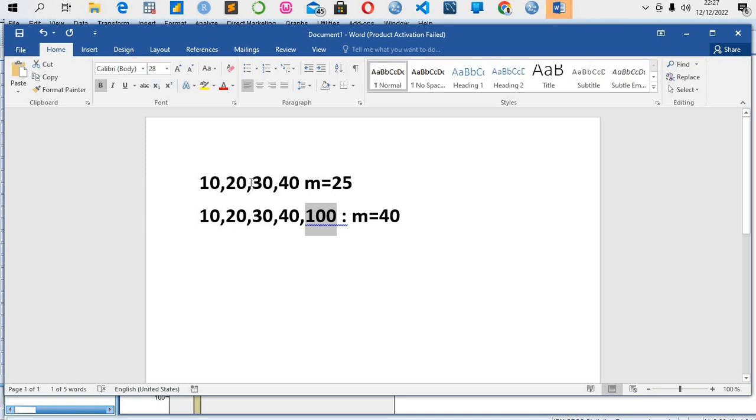We don't have very high values and very low values. Actually, we have 2 low values and 2 high values around the mean. So it makes a lot of sense. It is very symmetric in this data set. But look at the mean here. Because we have a very high value, it skyrockets to 40. So this observation 100 is abnormally high.